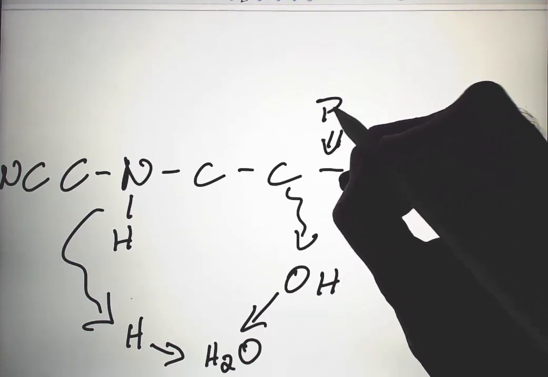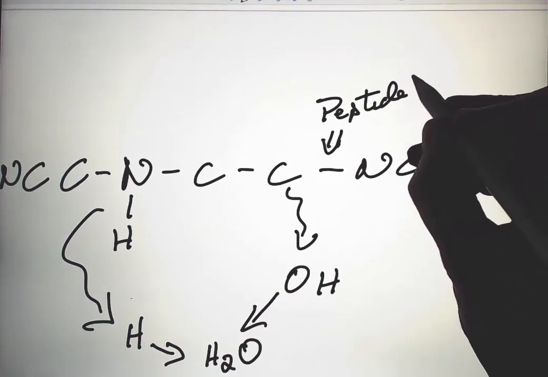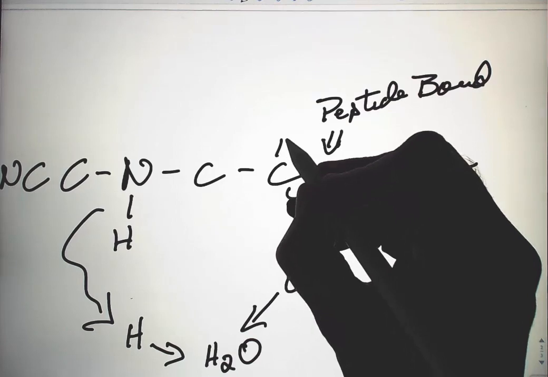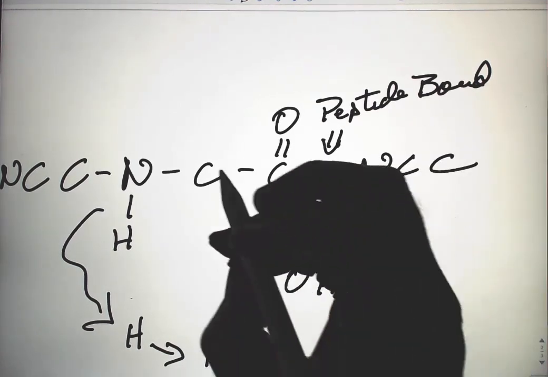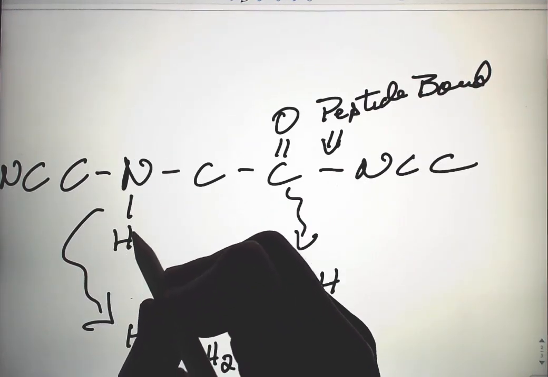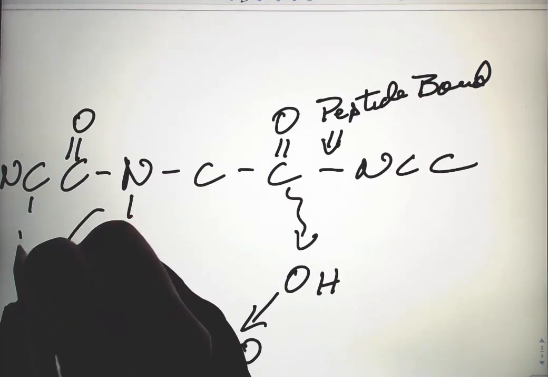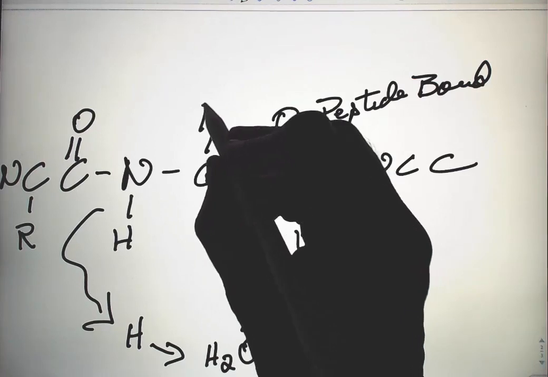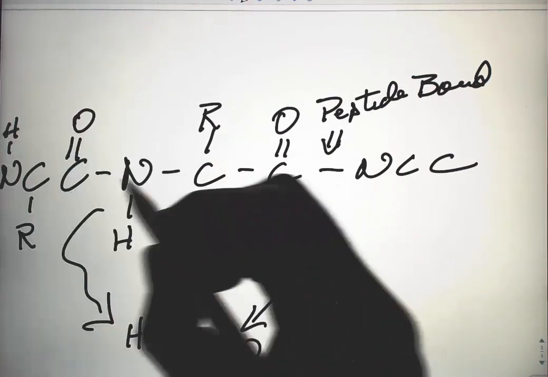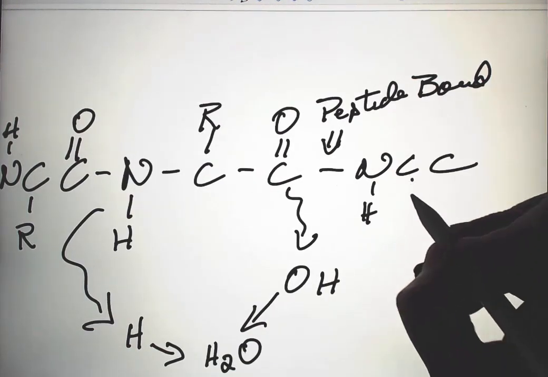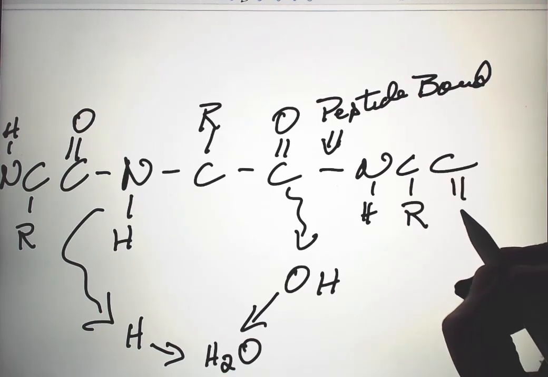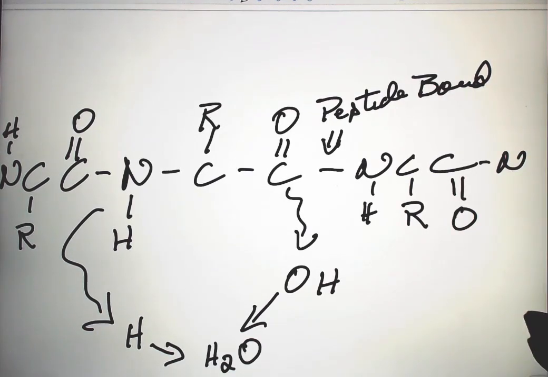This is the peptide bond. And left on this carbon is a double bond oxygen. On this nitrogen, hydrogen here, and here on the next one we'd have a double bond oxygen. We'd have an R group, one hydrogen, R group, double bond oxygen, N.